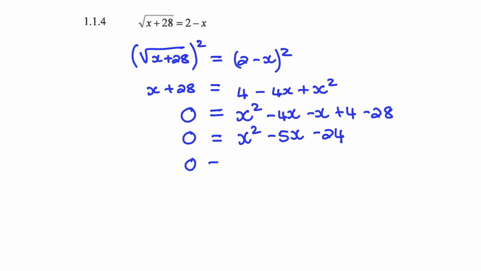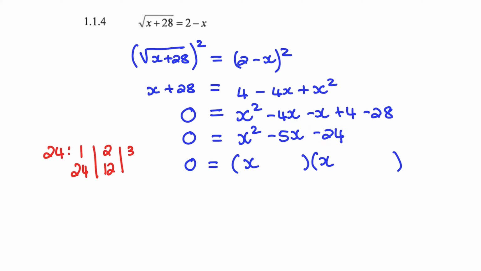Now again, I will factorize the trinomial, but you are welcome to use the quadratic formula. And yet again, we have 24. So the factors of 24 were 1 times 24, 2 times 12, 3 times 8, and 4 times 6. And I'm looking for the set of factors of 24 that will give me a difference of 5 between them.